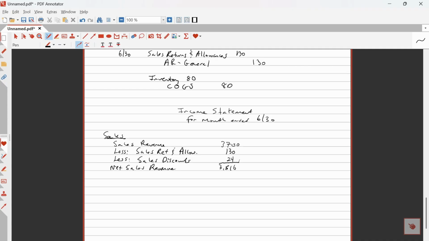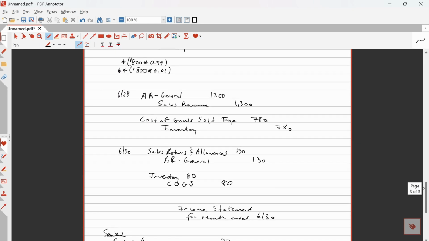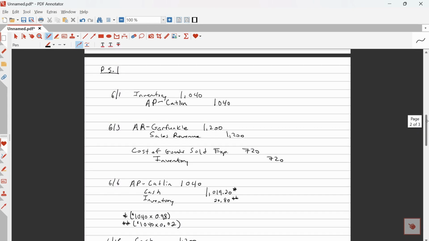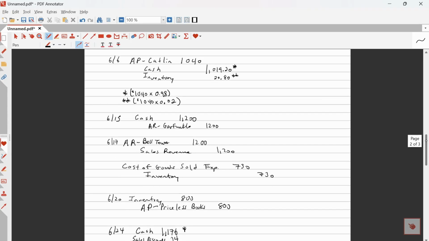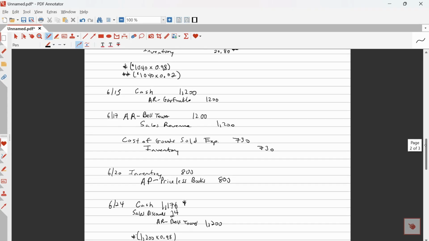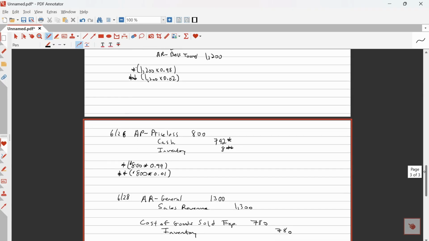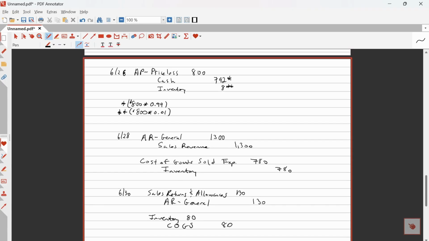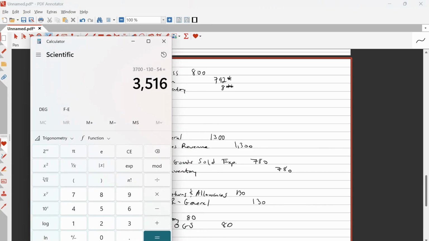Now, from net sales revenue, time to subtract cost of goods sold expense, and total COGS. What would the balance in COGS be? We put 720 on the 3rd. We put 730 on the 17th. We put 780 on the 28th. And then on the 30th, we took out 80. So 720 plus 730 plus 780 minus 80.